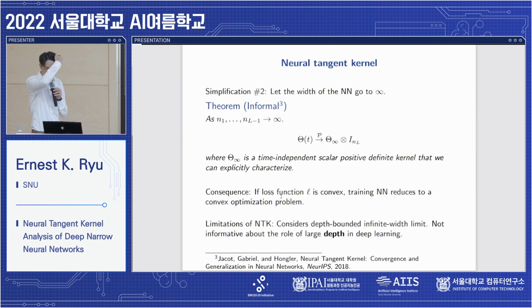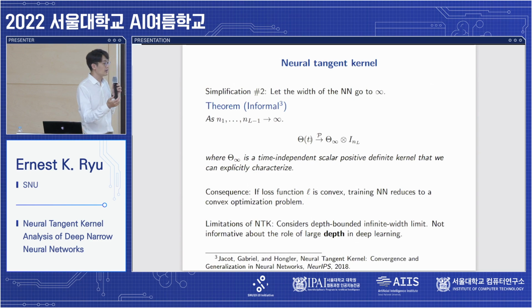And the neural tangent kernel theory, the very initial version of it, states that as the width of the neural network becomes infinite, then the neural tangent kernel, which characterizes the training dynamics in terms of the function, becomes simple. And I won't exactly explain what I mean by simple, but as the widths become infinity, the neural tangent kernel becomes time independent, which is actually a crucial component in preserving convexity.